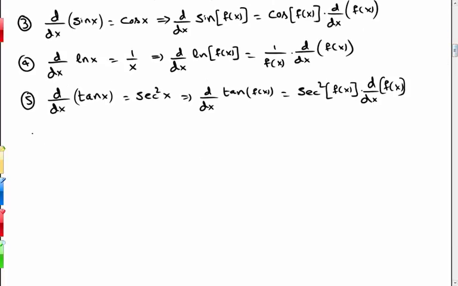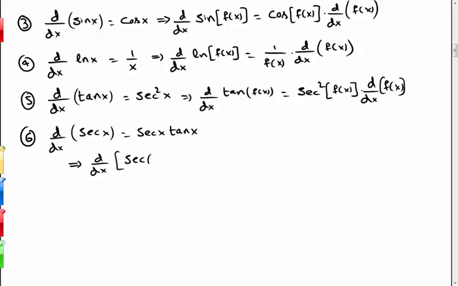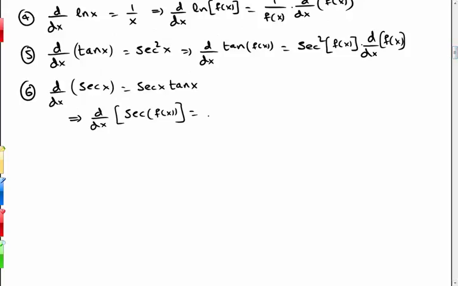One last one. d/dx of, maybe you should take this as a challenge. d/dx of secant x is secant x tangent x. That implies d/dx of secant of f of x is, now we simply replace the x with f of x, right?